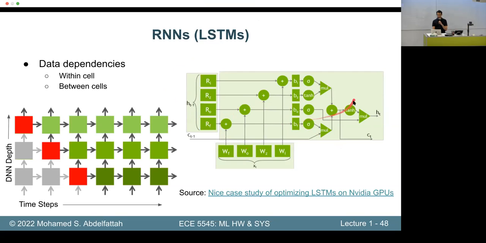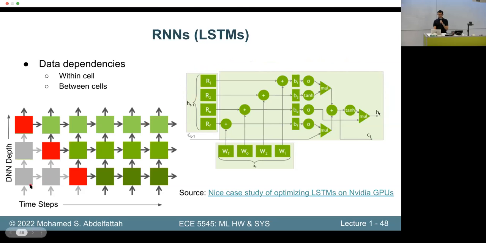As you can see within the LSTM cell, we have all of these more interesting connections, which means that there are some more complex data dependencies that you need to take into account when mapping this onto your computer, right? And the output of this layer is also connected back to the input of this layer.